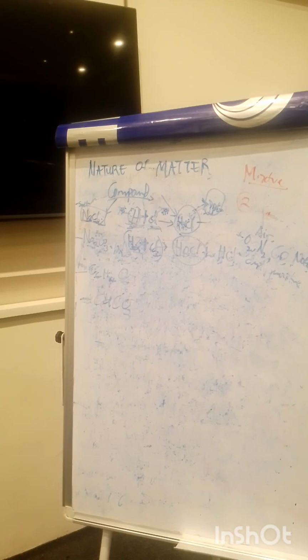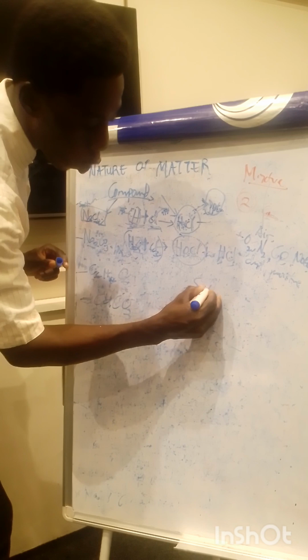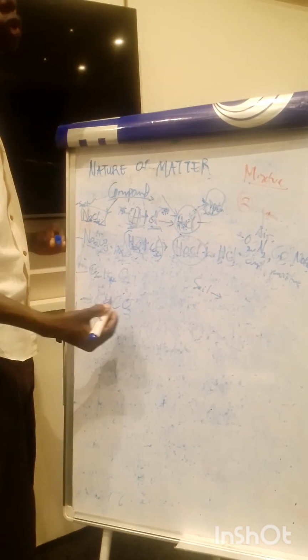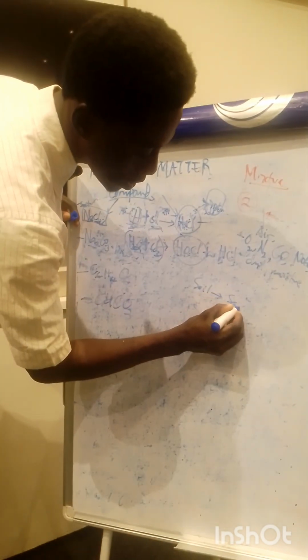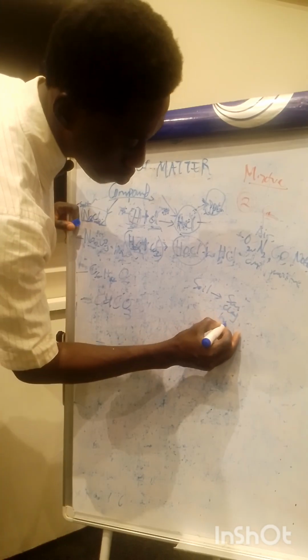For example, now you have your air. I've explained the air already, and I've shown us the constituent elements. Let's do that of soil. Your soil. Soil is a mixture. How do we know? Because it has the constituent elements of sandy soil, clay soil, and humus.